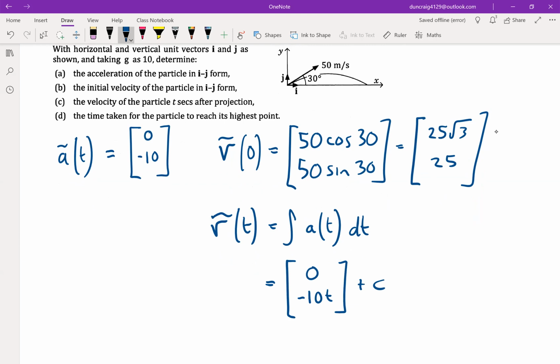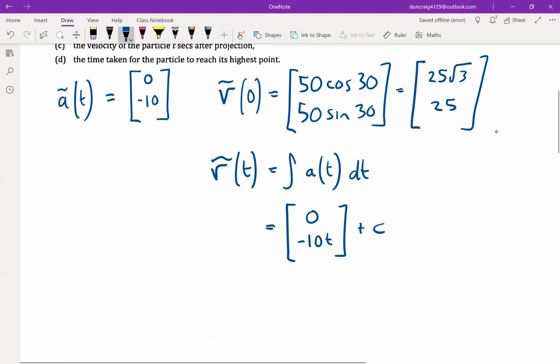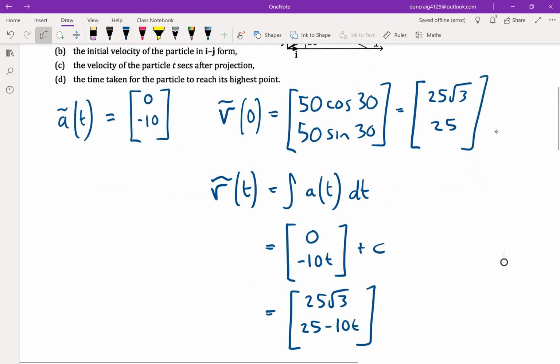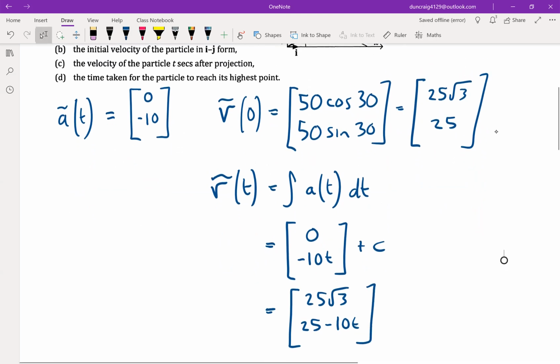Now we know initially we've got that amount there, so we're going to get 25 root 3 and 25 take 10t. Part C of the question says find the velocity of the particle t seconds after this projection.